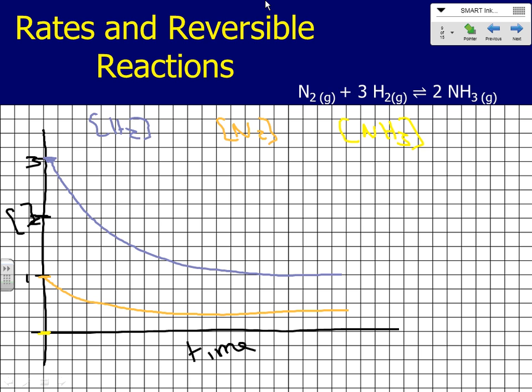And in the end, my NH3, instead of getting completely 2 units, because it isn't a complete reaction, doesn't make it all the way up to 2. It makes it up to, let's just put it as something right there. And again, we won't worry about the numbers right now because we're going to get into the numbers tomorrow. Right now we're just looking at what the concentrations do.